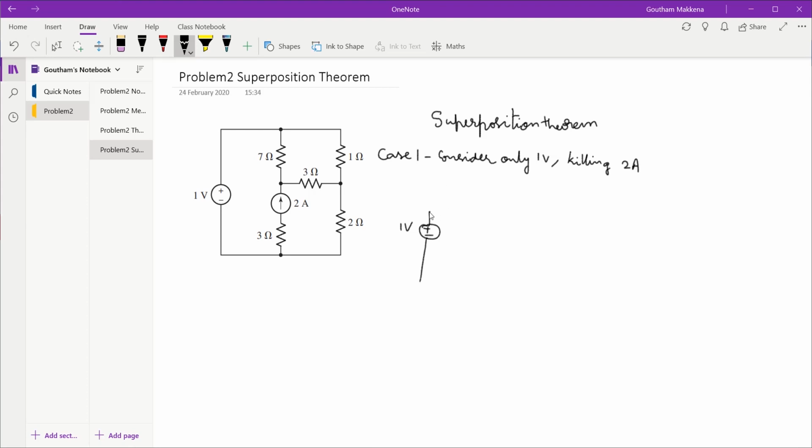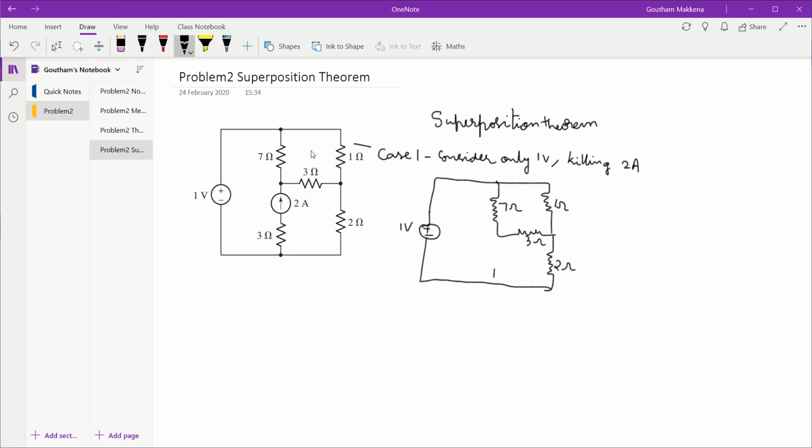Now if I redraw, this would be the 7 ohm, 1 ohm, 3 ohm. Since this is open circuited, this branch is not present anymore, so it can be left out, and this is my 2 ohm resistor.